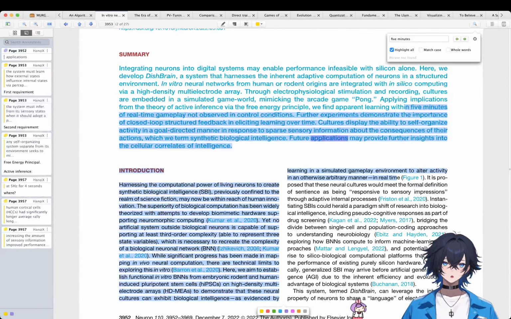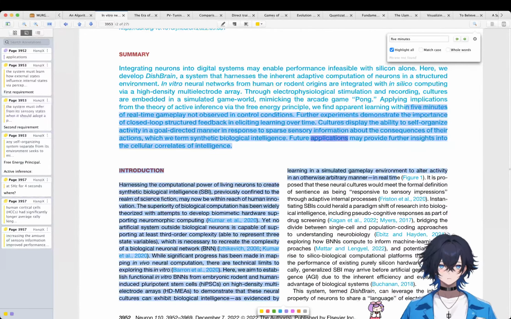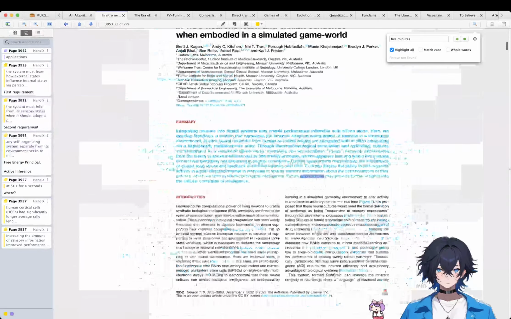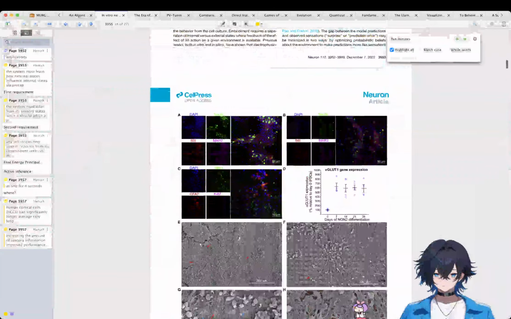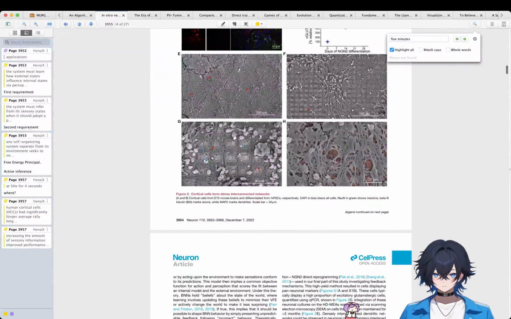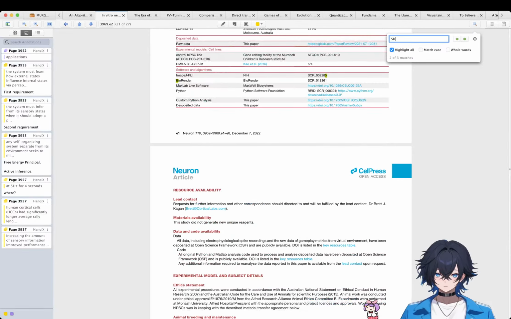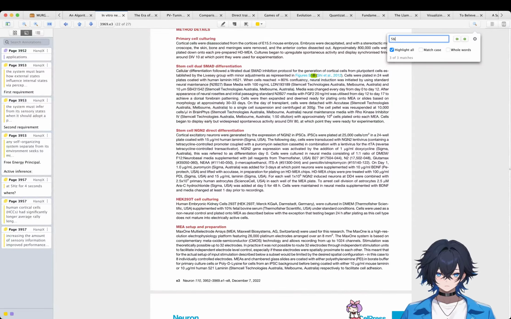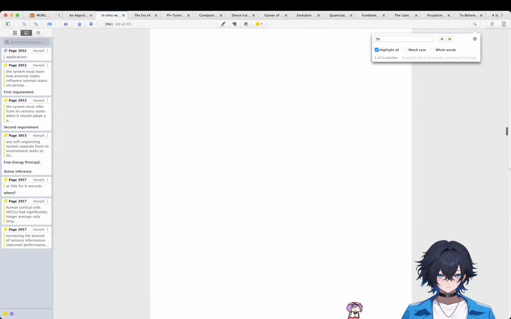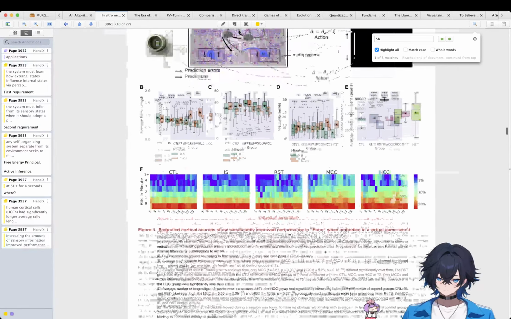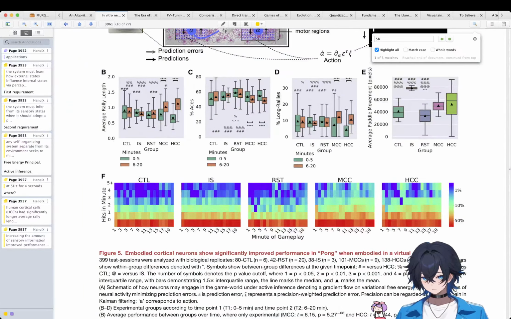Hold on, okay. Figure 5b. Let's just search 5b here. Oh, 5b right here. Okay, average rally length.